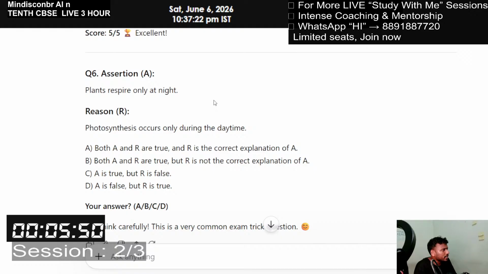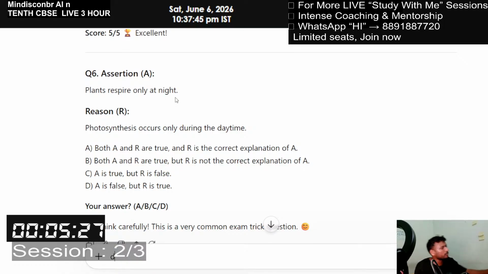Assertion: plants respire only at night. Reason: photosynthesis occurs only during daytime. No, plants respire at night and also during the daytime. So A is false, R is true.